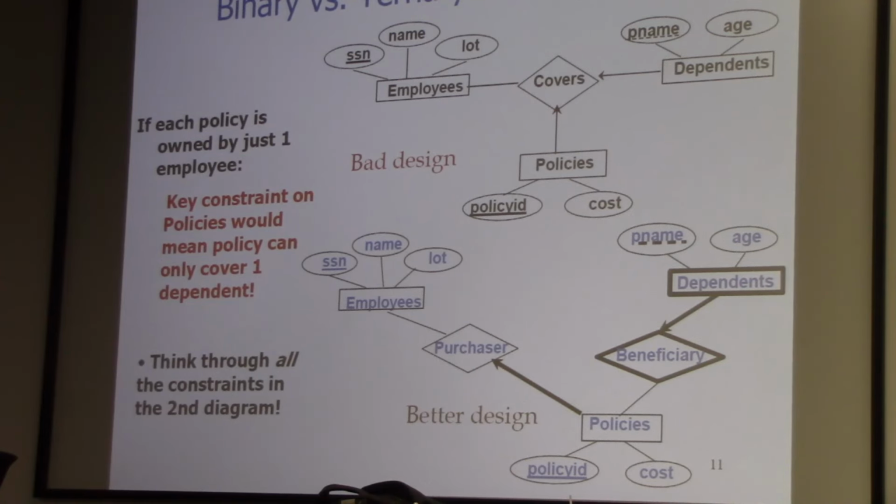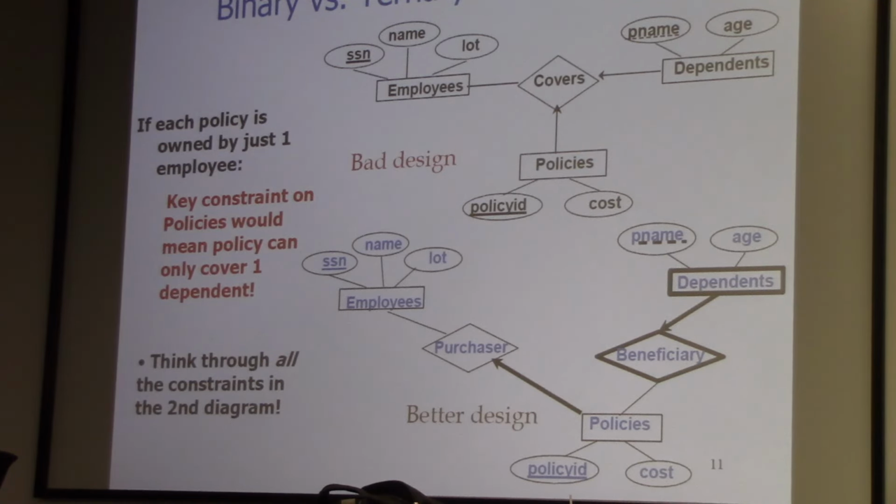But not only do I want to know which set of dependents an employee covered, I also want to know he or she, the employee, is covering those dependents using which particular healthcare policy.